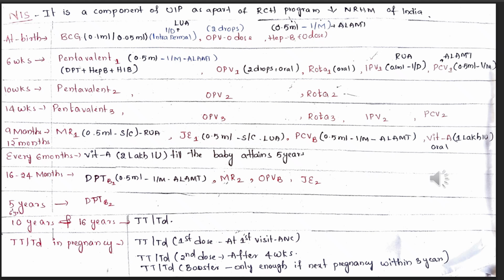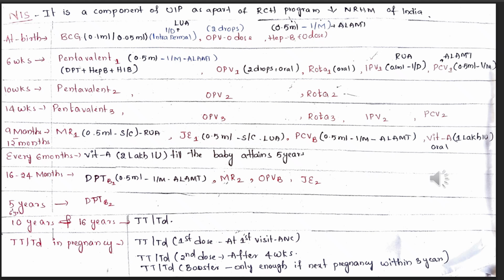So at the first antenatal checkup visit itself, we give the TT first dose, and after that a 4 week gap should be given, and the second dose of TT or TD we will give during pregnancy. So this is about the current pregnancy.